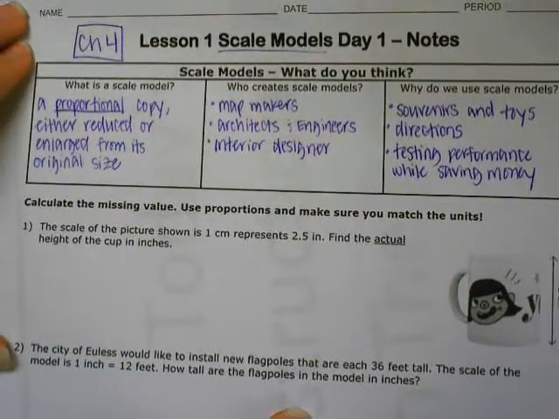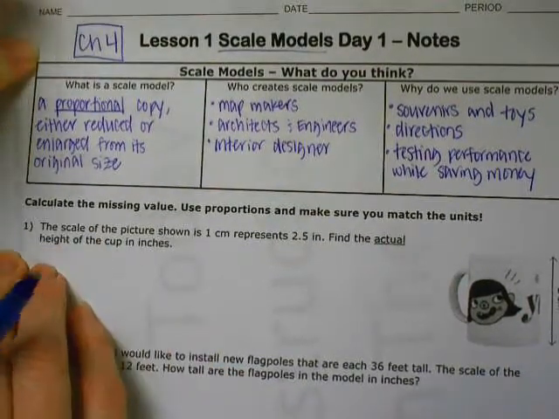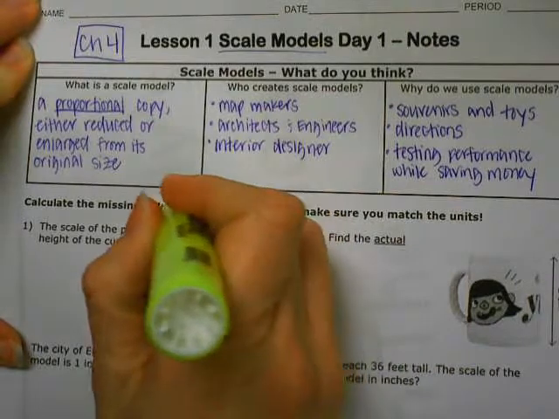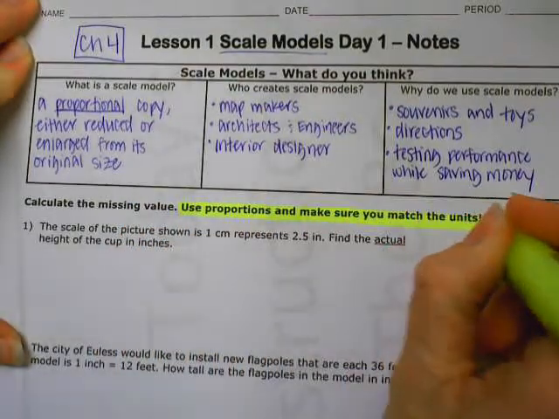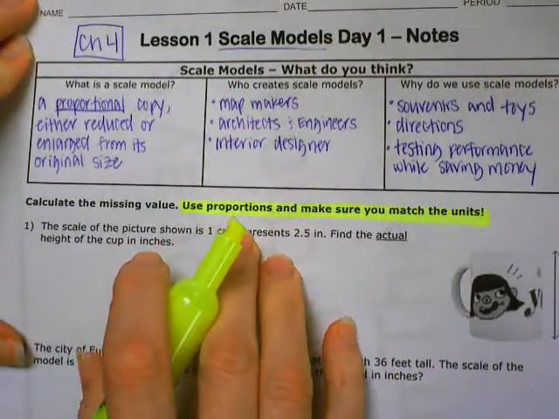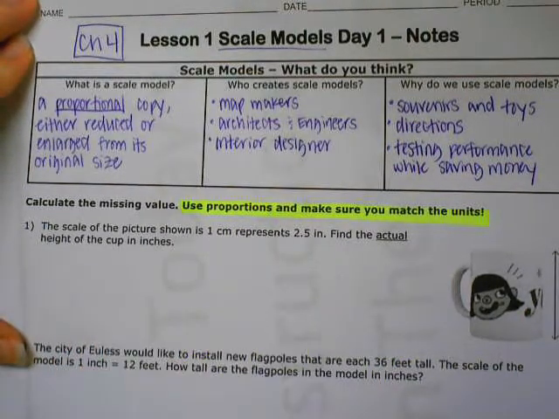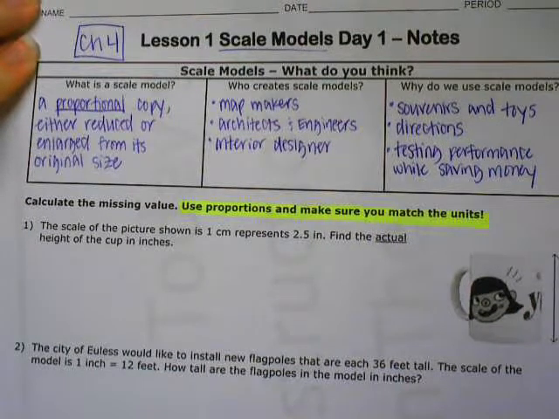Alright, now to get the actual stuff that we're doing, let's write down here, we got 4 examples. We're going to calculate the missing value, and we're going to use proportions. Yay, proportions, to make sure you match the unit. So proportions is whenever I have one fraction equal to another, I cross multiply, and then I find what the variable equals.